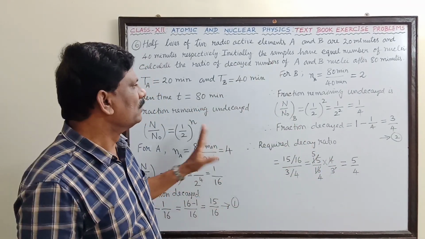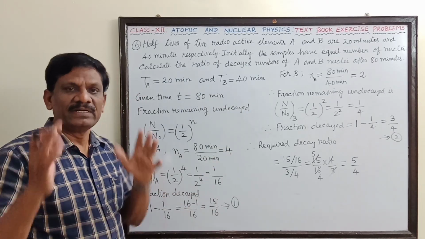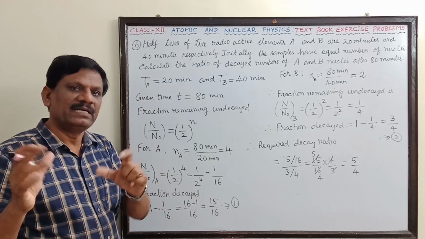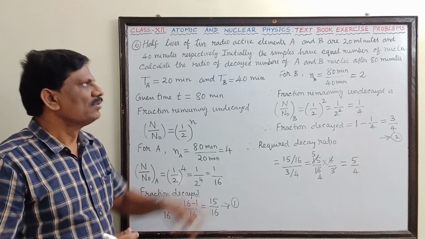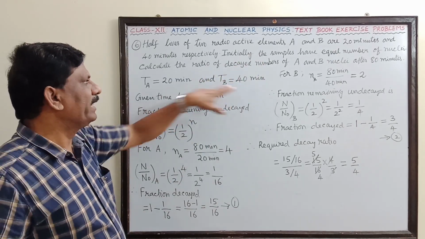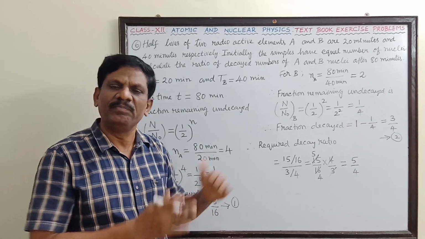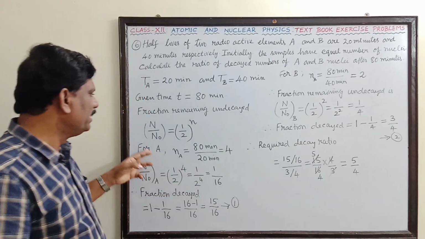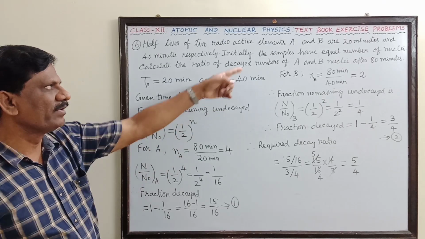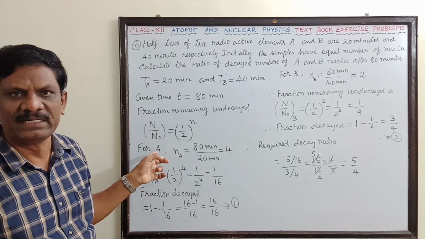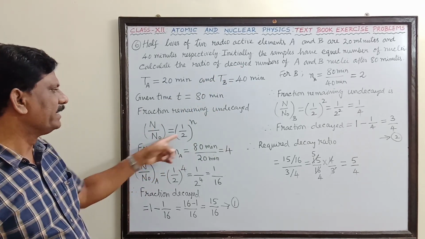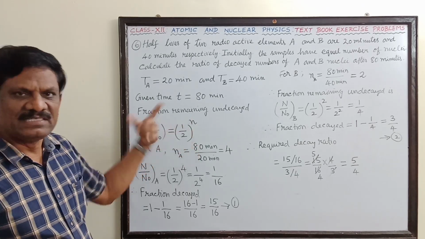Understand? So this type of problem requires thinking. First you have to think and the next is application. So first you have to write the given quantities, and then find out the number of half-lives undergone by the elements A and B separately. In the decay equation N by N0, here they have given N0 is the same for both, isn't it? So N by N0 is equal to (1/2) power n, where n is different.